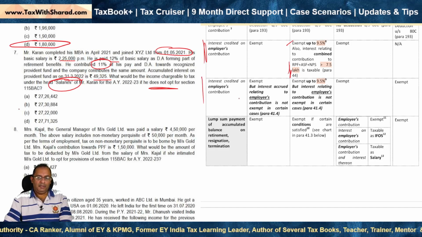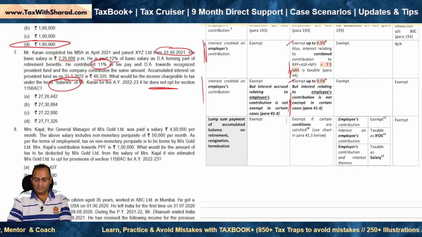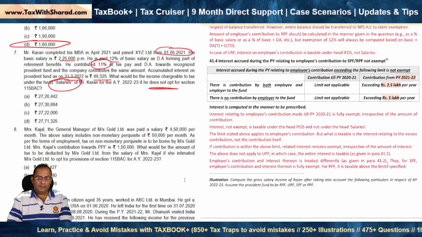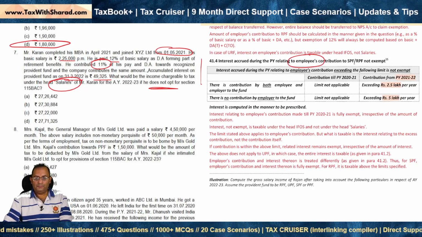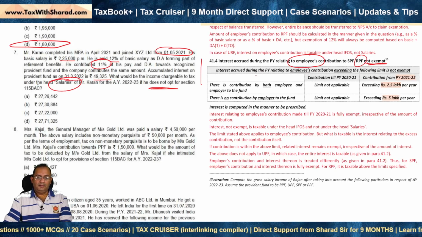Now, interest which is credited on employee's contribution is exempt up to 9.5% per annum, but interest relating to employee's contribution above the limit is not exempt. That means it's taxable in certain cases. We will look at those cases. Now this is a recent amendment. Interest accrued during the previous year relating to employees' contribution to RPF is not exempt, right? What is the extent of that interest?